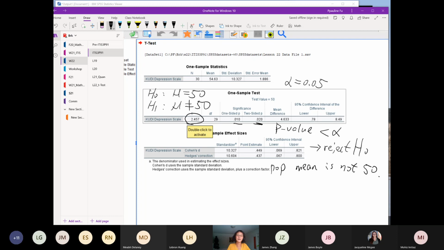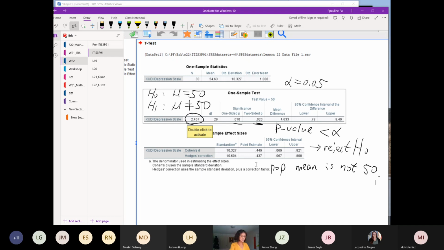And if you want to use the test statistic, you compare the test statistic with the critical value. Okay, critical value. And then you have to find out the critical value. So how do you find out the critical value? You can use Excel.